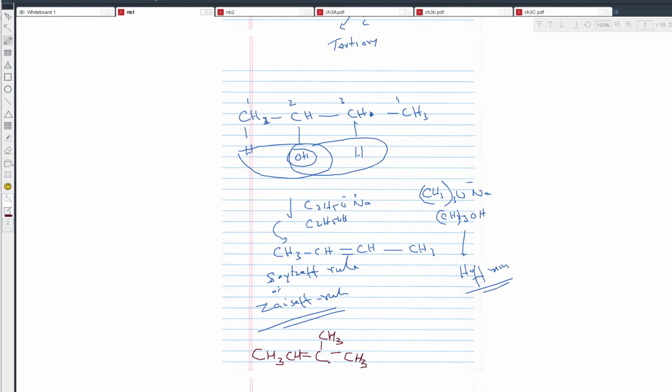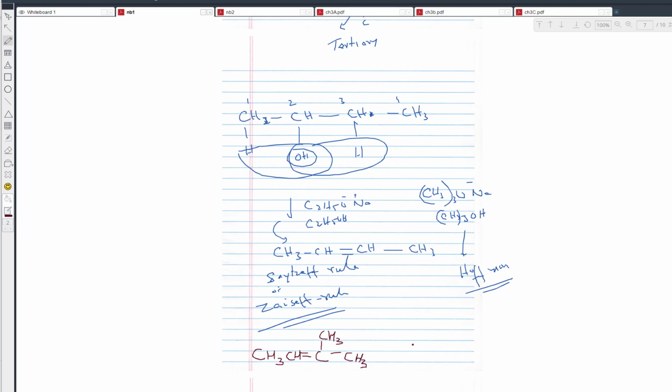Let me see. 1, 2, 3, 4 carbons, and we would go from the left. So it'd be 3-methyl-2-butene. Oh no, hold on.